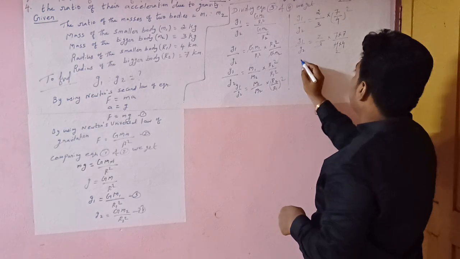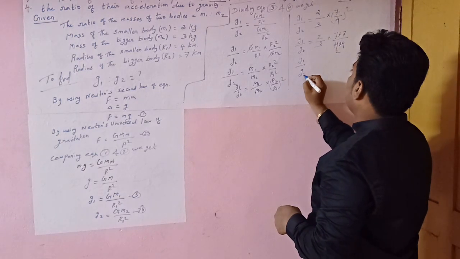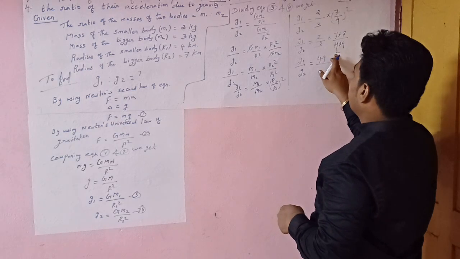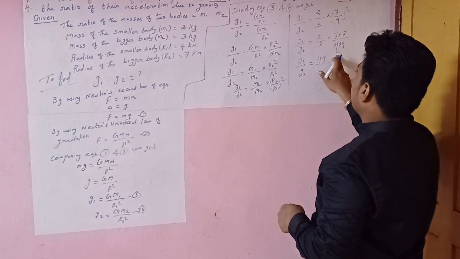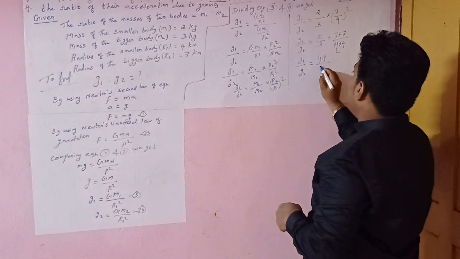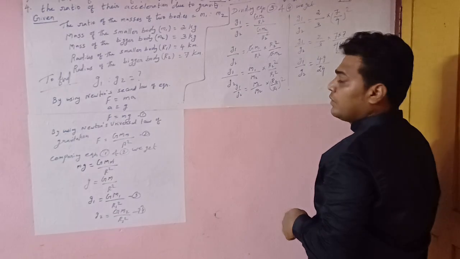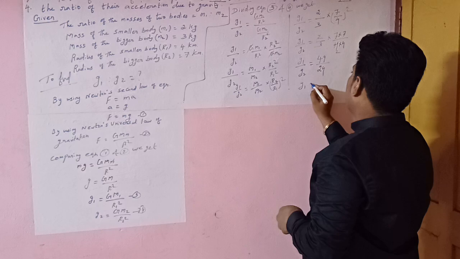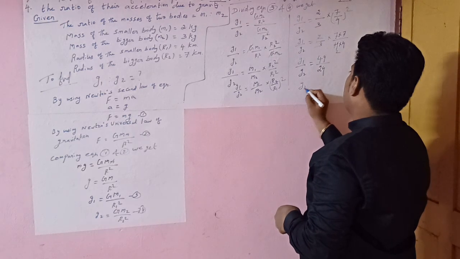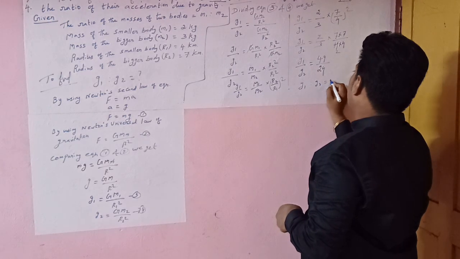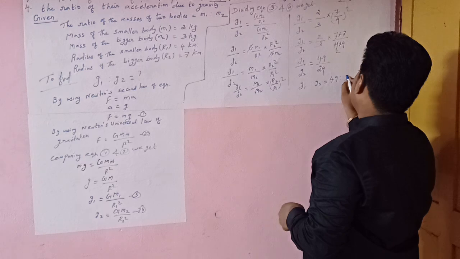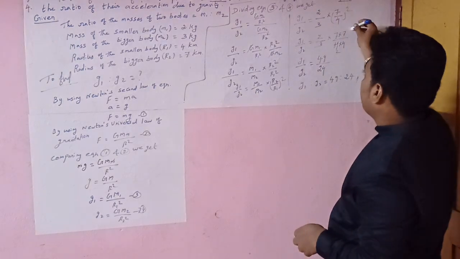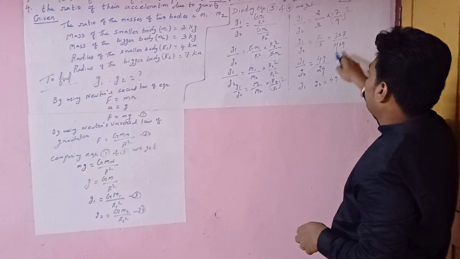So 7 into 7, 49; 3 into 2, 6; 6 into 4, 24. So g1 is to g2 equal to 49 is to 24.